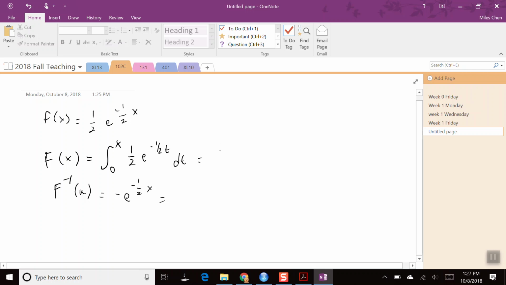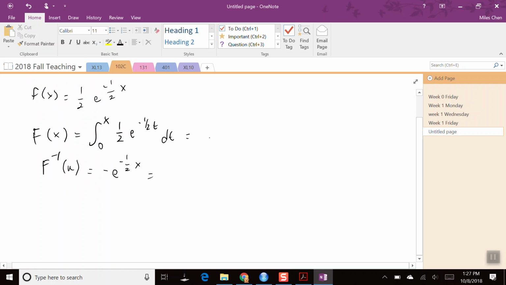And so on one end we get negative e to the 1/2 x, and then plus 1, right? Because you evaluate it at x and at 0. Or is it plus 1/2?